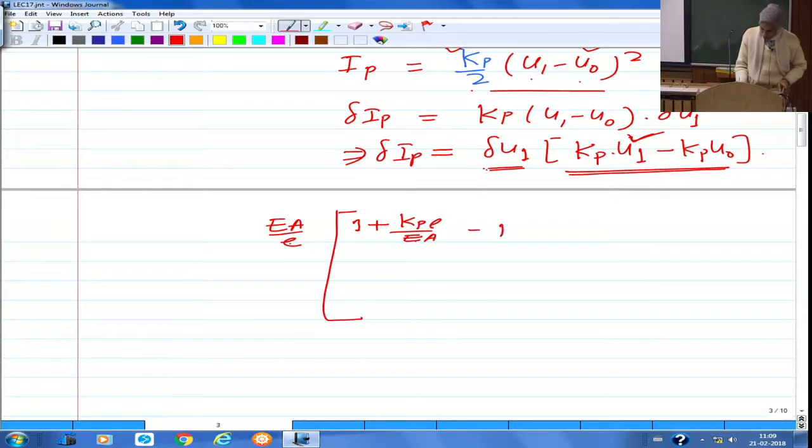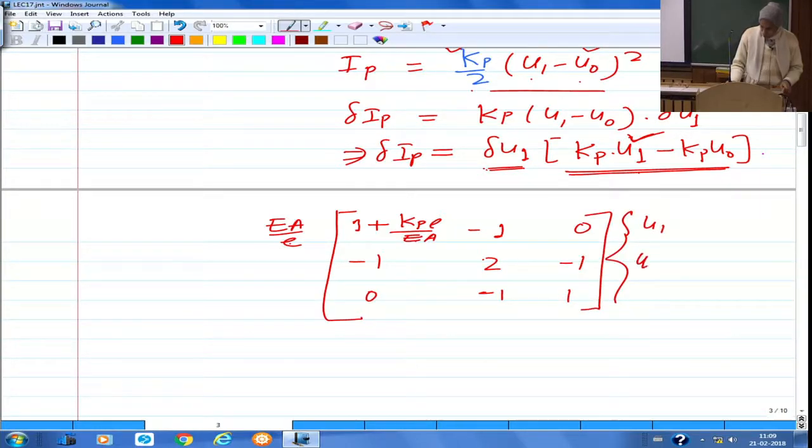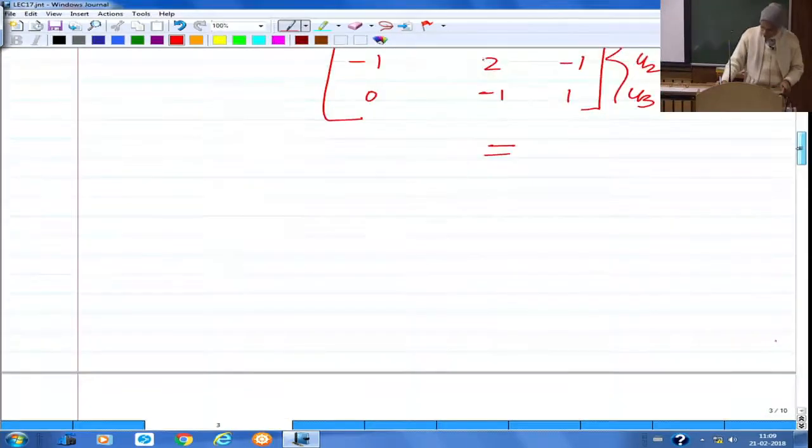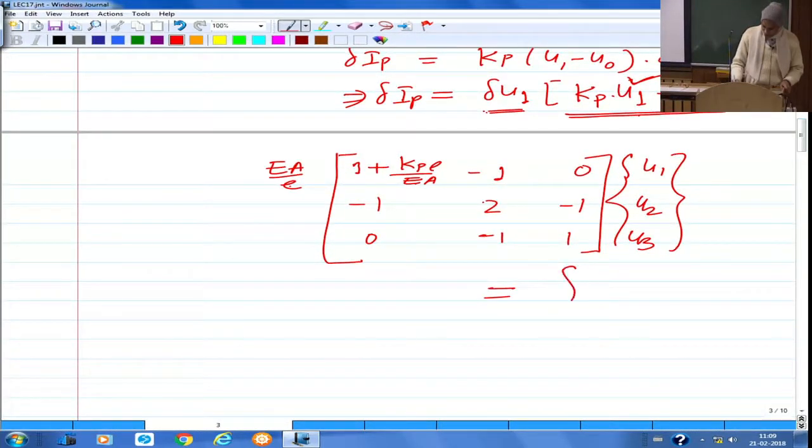And of course here it's minus 1, that remains as it is, 0, because there is no U2 and U3 term in this, and the other terms remain the same: 2, and this is minus 1, 0, minus 1 and 1, and then you have here U1, U2, U3, and the right side is what you actually get.